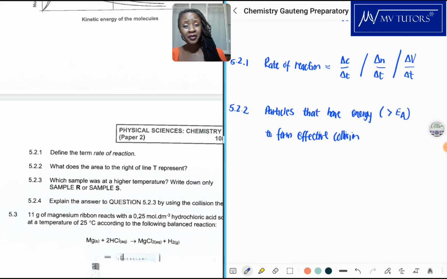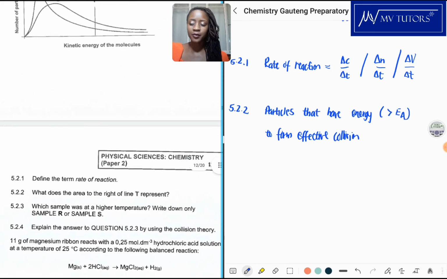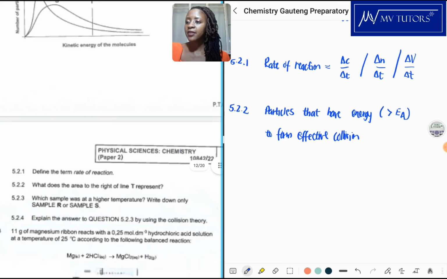So the smaller the area to the right of T, the fewer particles actually form products or have effective collisions. Okay.